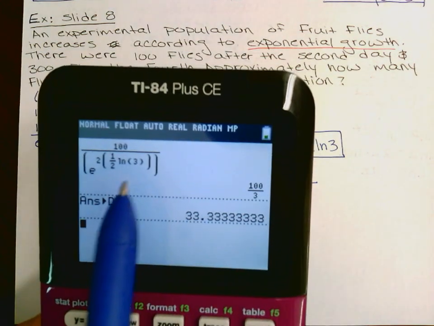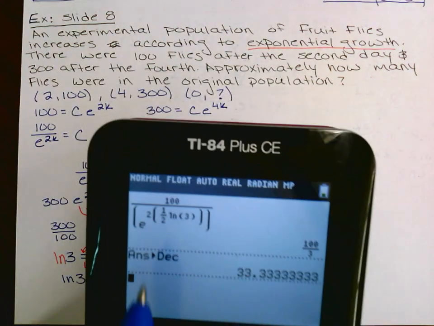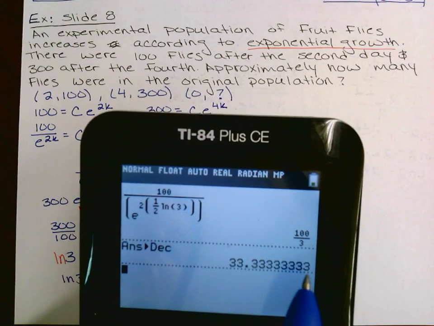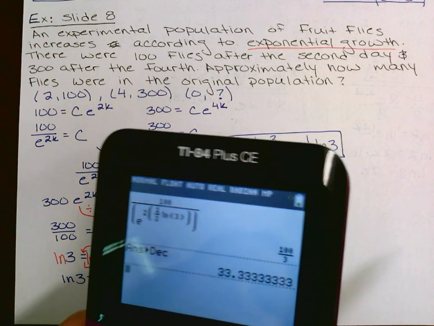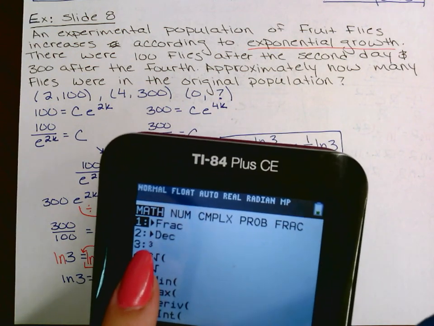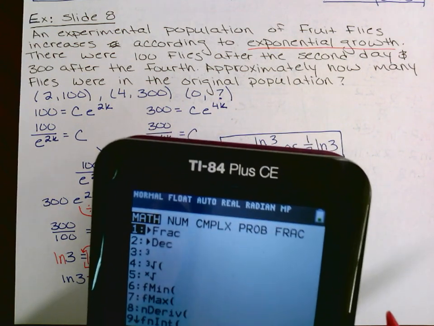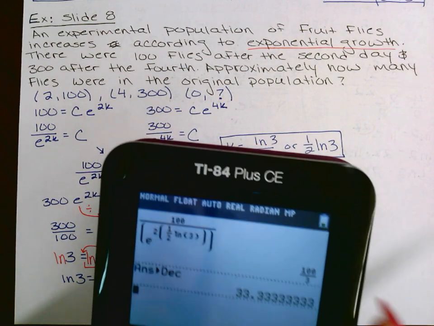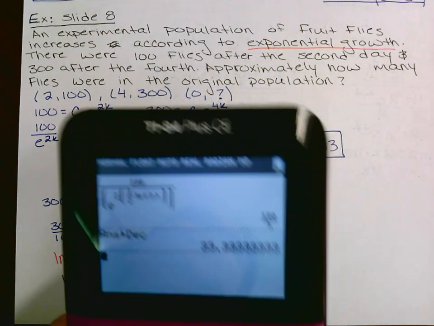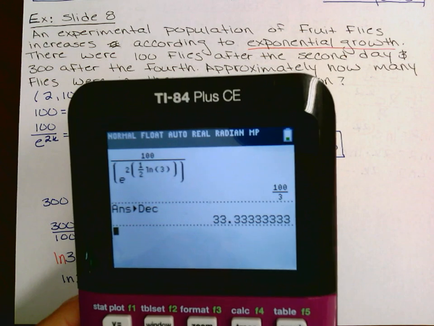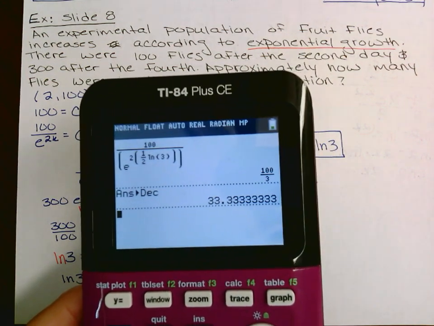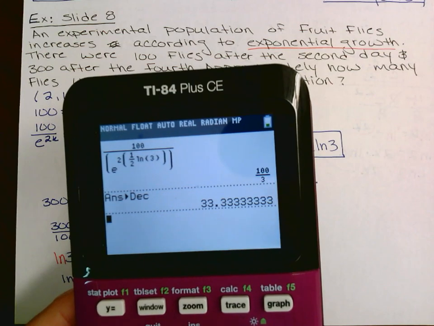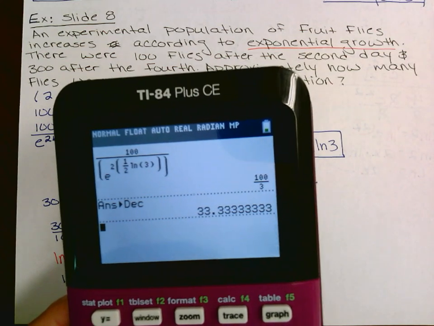Okay, you plug in that K back in, and you should get 100 over 3, or if you change it to a decimal, and again, you do that by pressing math, and then you press number 2, which is DEC for decimal, and then it changes it to 33.3. Okay, now it said this took days, so this would be 33.333 days, okay?